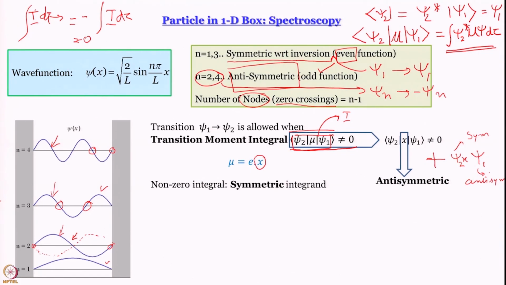So, what we are saying is that if one wave function is symmetric, the origin or the destination, then the other, the destination or the origin respectively, has to be antisymmetric. That is the condition for the transition moment integral to be non-zero. That is the condition for the transition to be what we call in the language of spectroscopy allowed.